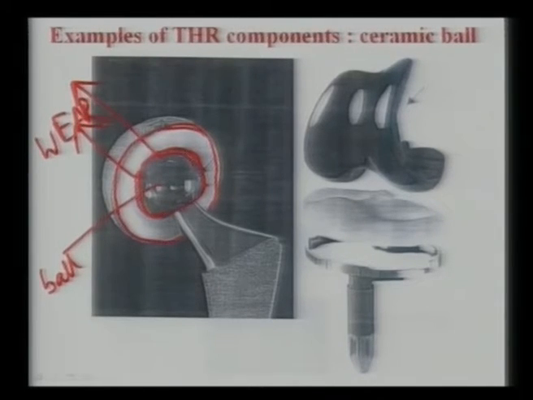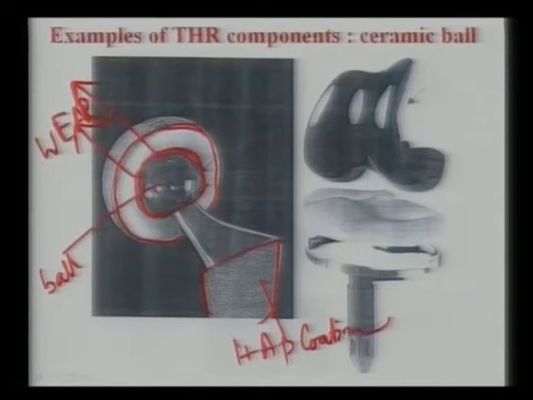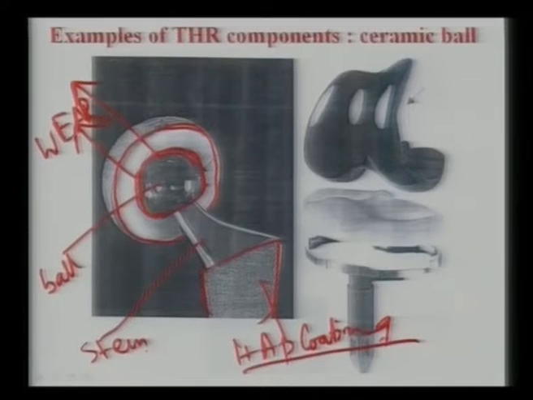So both friction and wear resistance are important at this surface. And this is your hydroxyapatite coating on the femoral stem, and this HAP coating, as I have said, is done from a biological perspective. And this is your uncoated femoral stem, which can be made of either stainless steel or titanium.